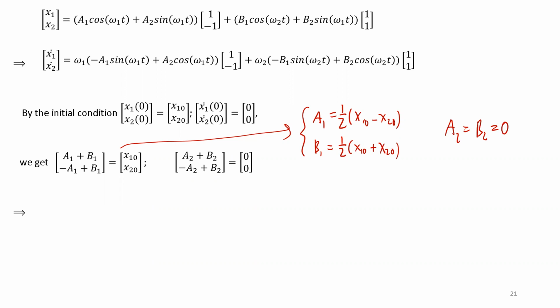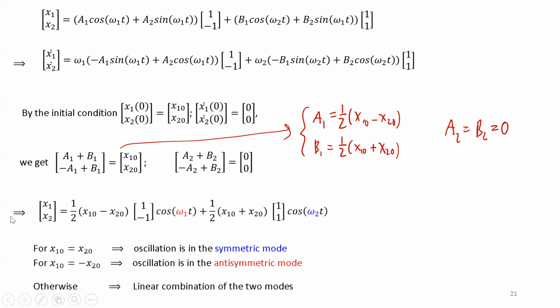So then I just need to plug all these values back into my general solution expression. Then this is what I got, with this A1 over here, this B1 over here.